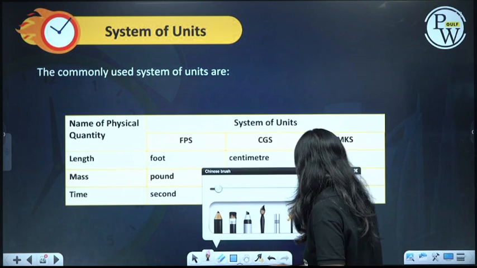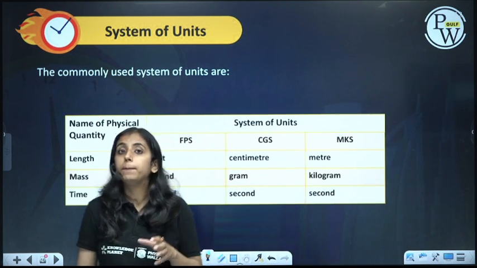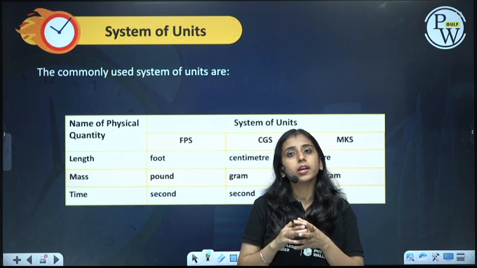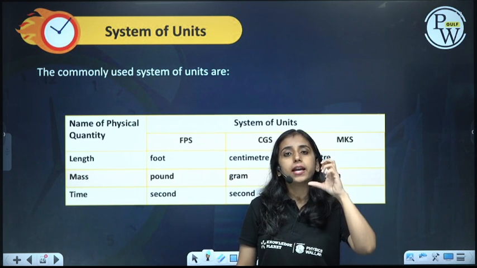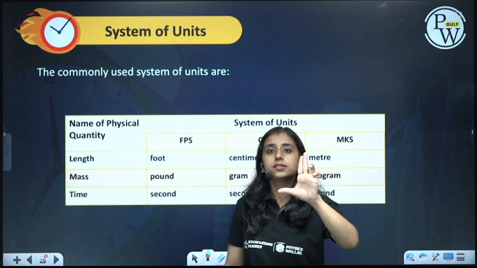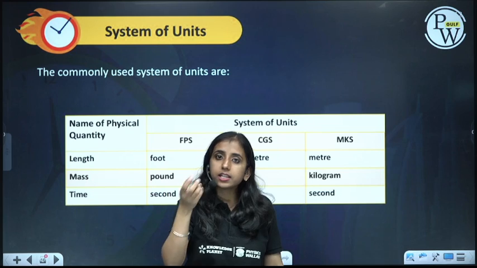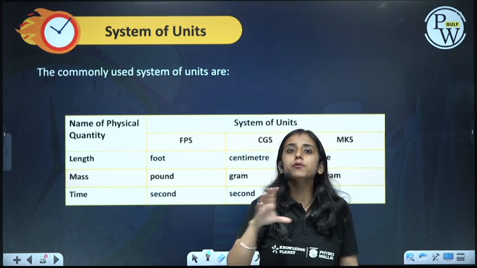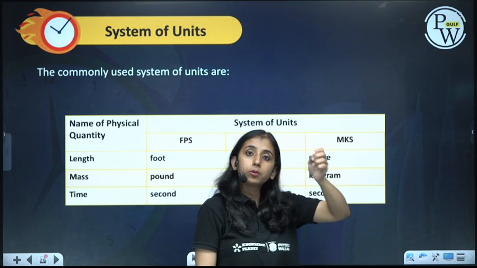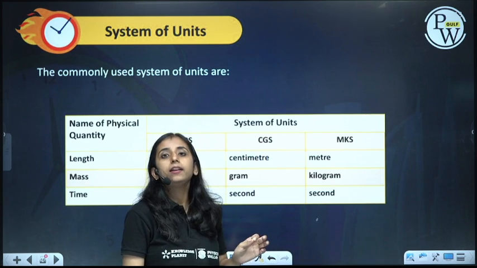Now let us talk about system of units. We make different systems of units. We make a set of units, so that in the first set these fundamental quantities will be measured in these units, and in another set in other units, so that we can get uniformity. If I'm using some system of units, then I have to represent all the quantities using those units only.